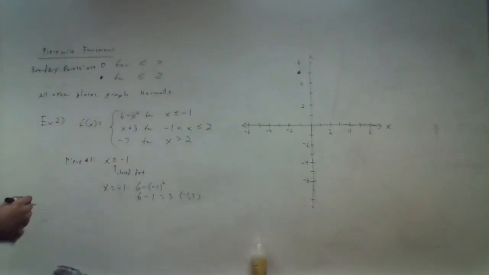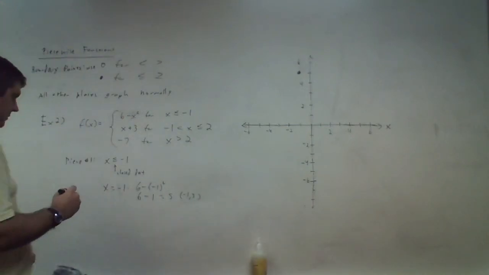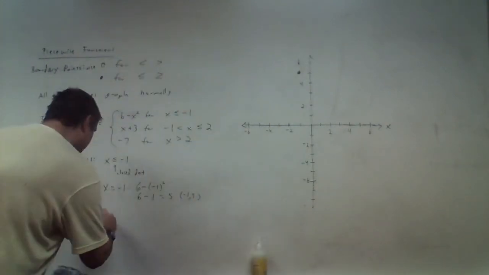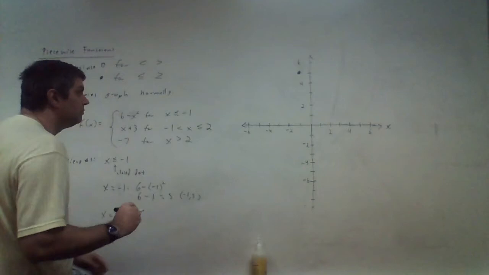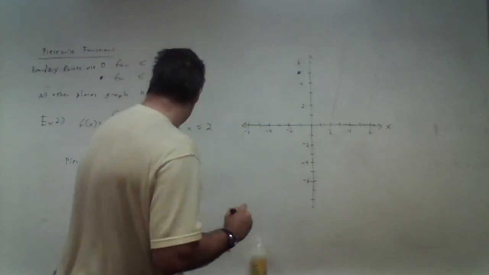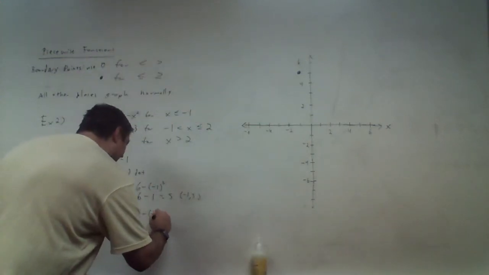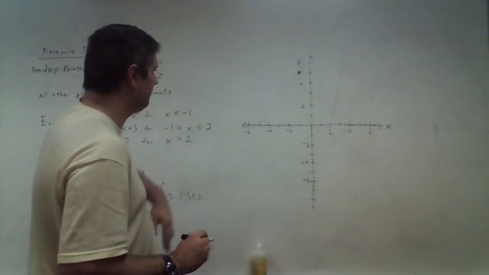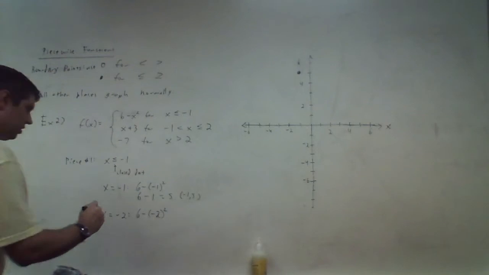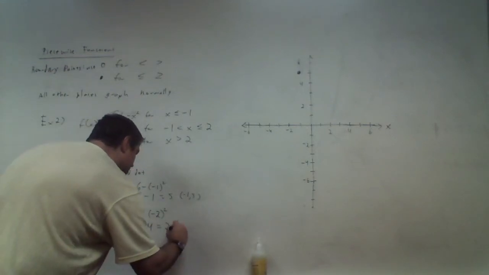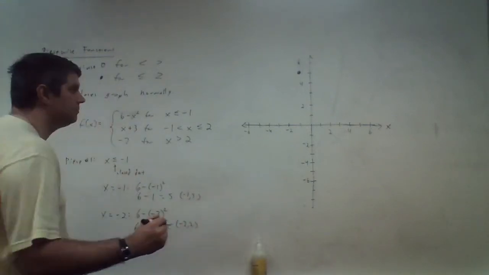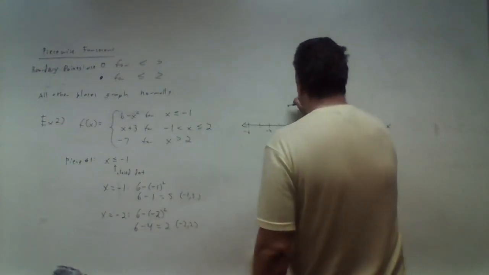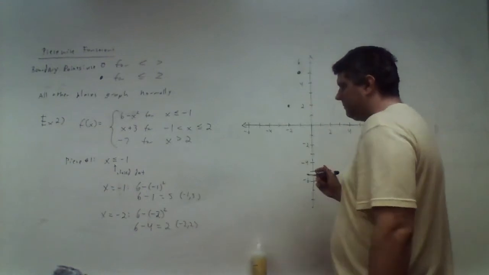All right. So then we're going to go over to the left. So we'll do x equals negative 2. 6 minus negative 2 squared. So here's the boundary where we're going to go this way. So that's 6 minus 4, which is 2. So we have negative 2, 2. Okay?